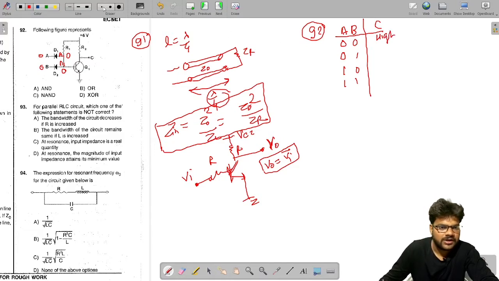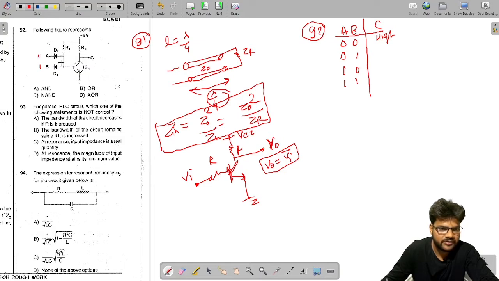Now let us do the same analysis for the other inputs. If both inputs are 1, with A as 1 and B as 1, the cathode terminals are also connected at high. Then both diodes will be off, because some voltage will be dropped across R1, so the anode terminal will be less than the cathode terminal.